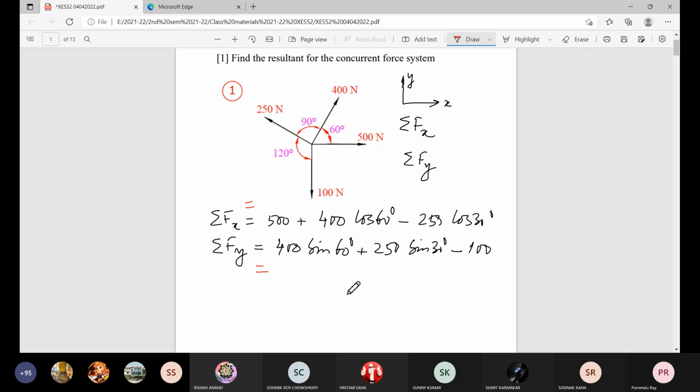Sigma fx will be 700 plus 125 root 3. Final numerical value?